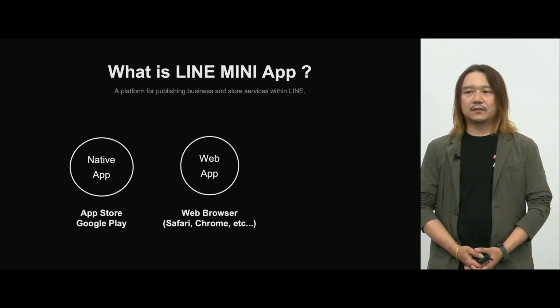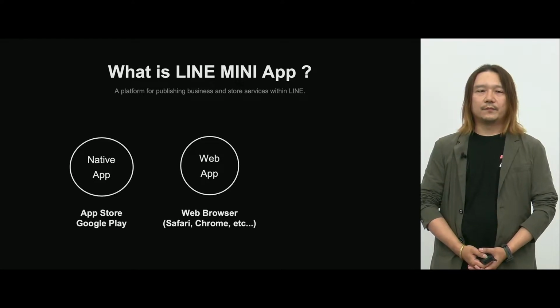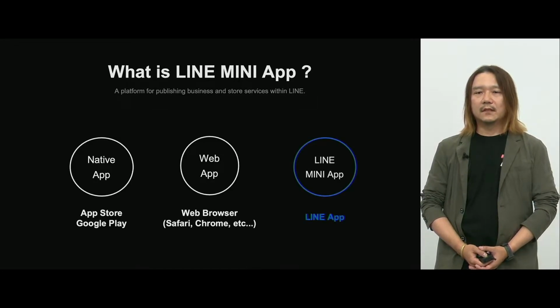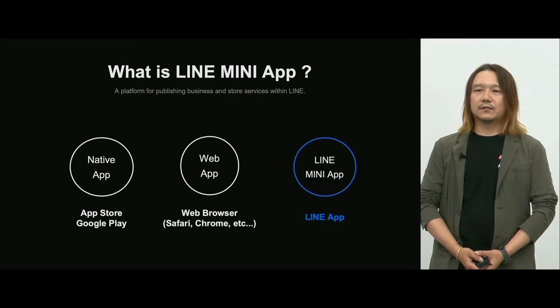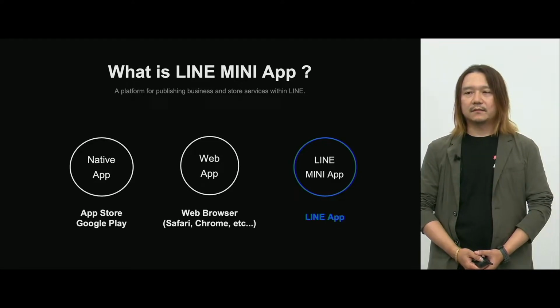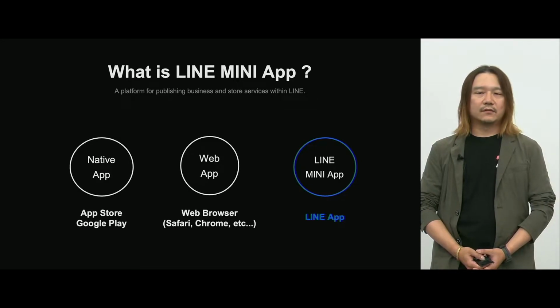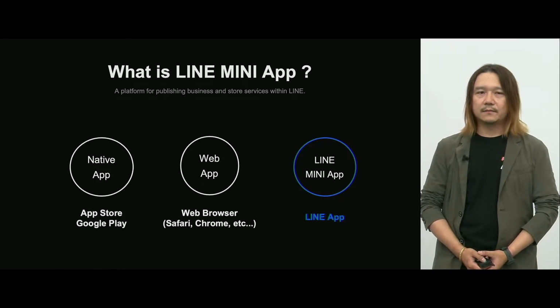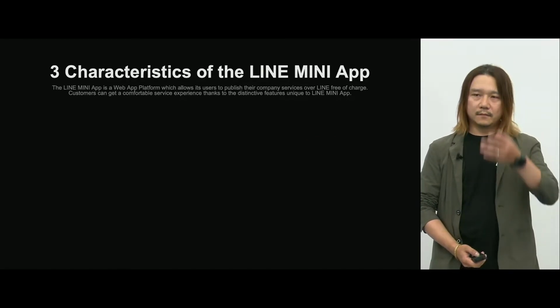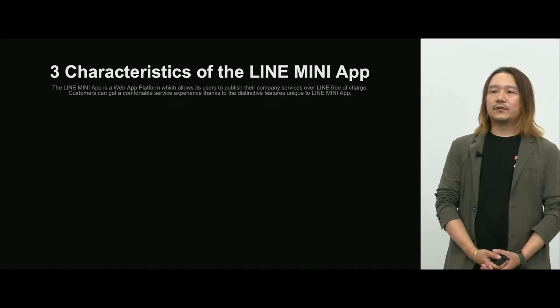Another type is the web app, which is a web browser based app, like Safari and Chrome. And also the LINE mini app. The LINE mini app is running on the LINE Messenger app, and this is a web-based application platform.